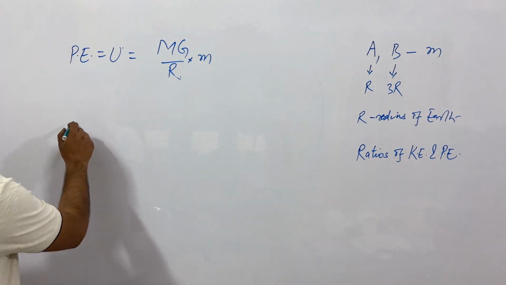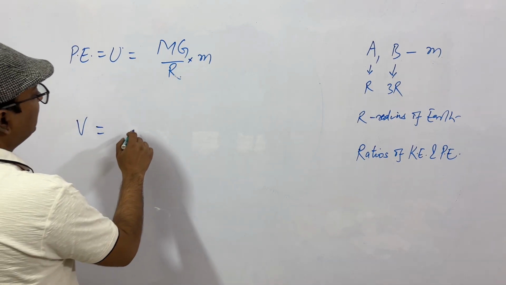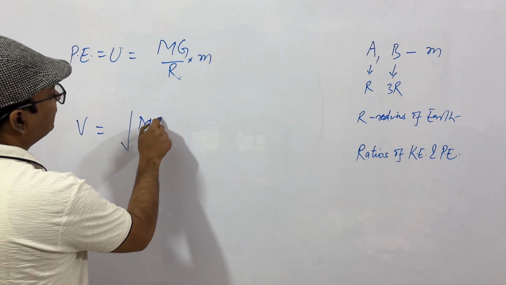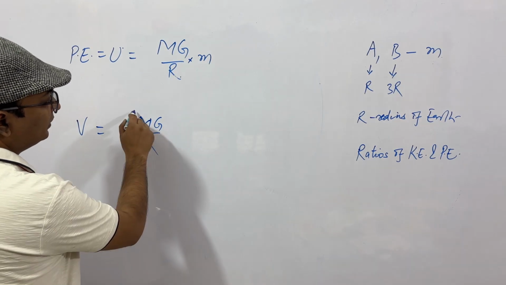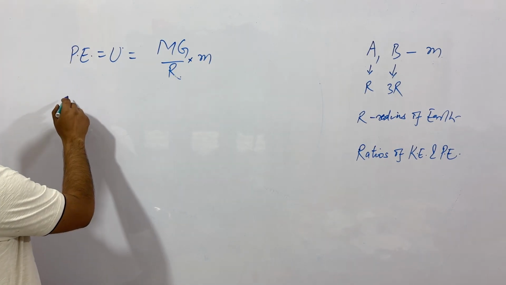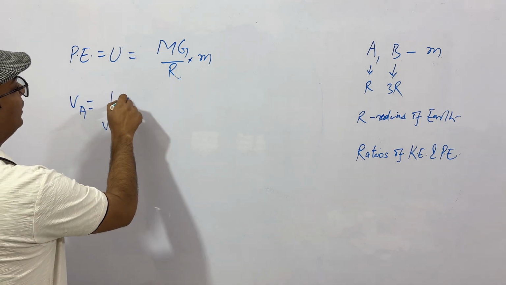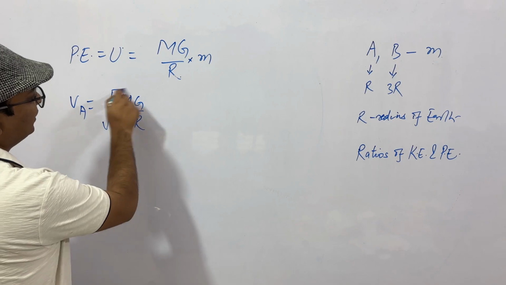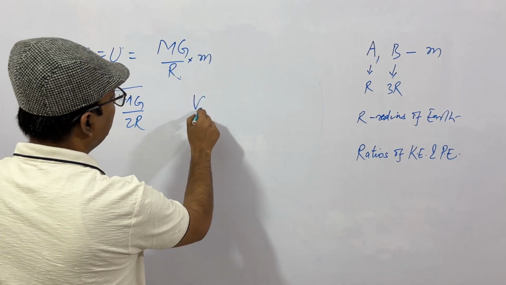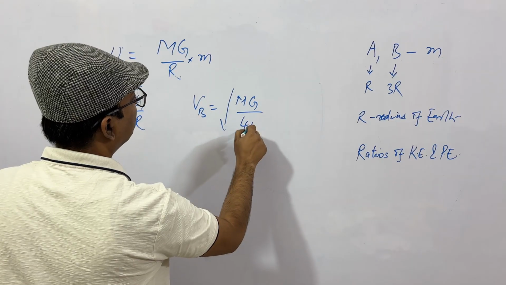Now about kinetic energy. We have seen that when a satellite is moving around a planet, its velocity is equal to root over GM by r, where r is the radius. So velocity of A will be root over GM by 2r, the radius is r plus r, 2r, and velocity of B will be root over GM by 4r.